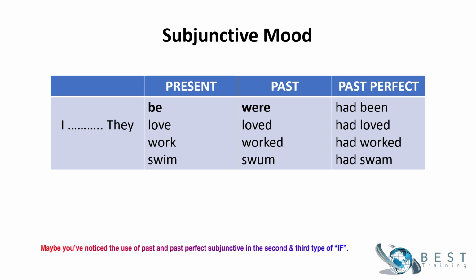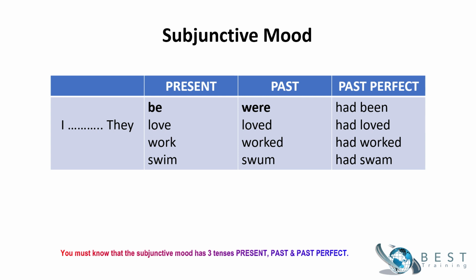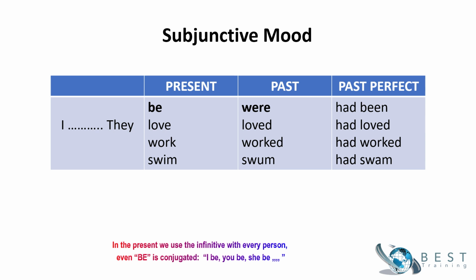Maybe you have noticed the use of past and past perfect subjunctive in the second and third type of if. You must know that the subjunctive mood has three tenses: present, past, and past perfect. In the present, we use the infinitive with every person.